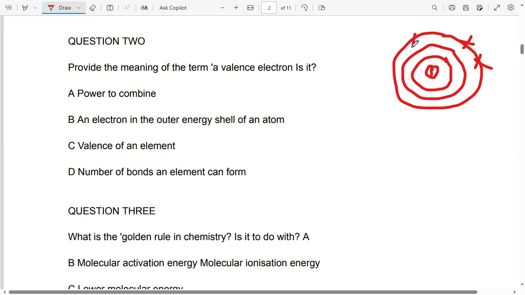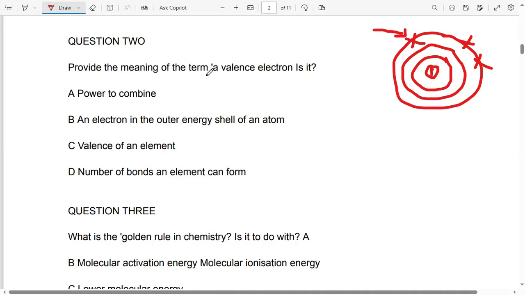So a valence electron is that electron that is found in the outermost shell.